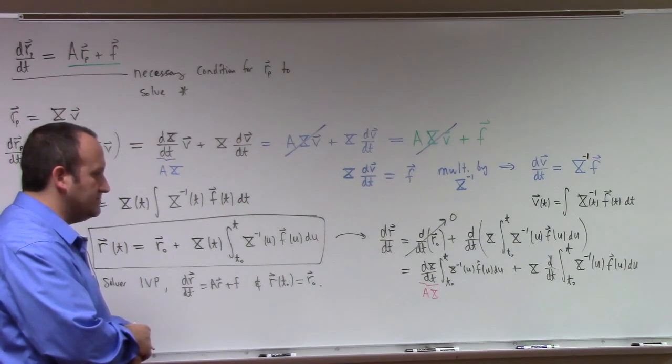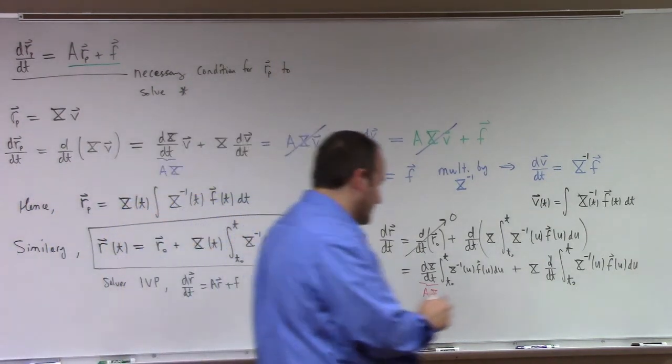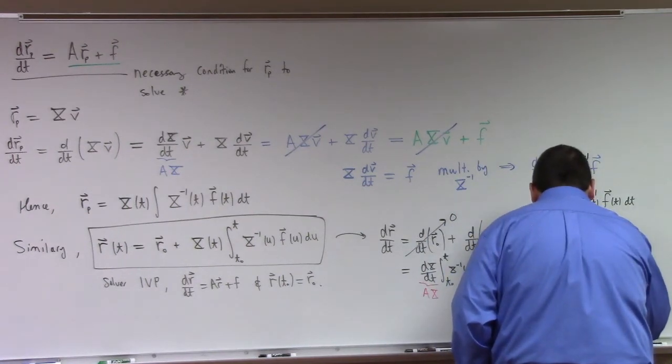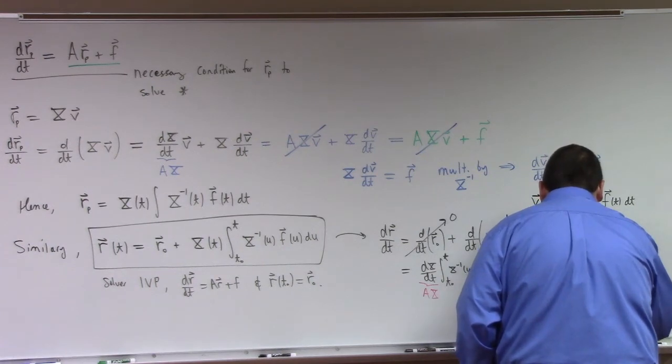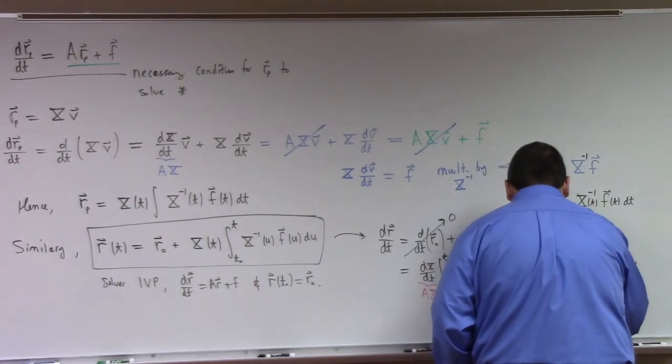We just plug in the bound. Fundamental theorem of calculus part 1, it's often called. So this gives us x inverse, not of u anymore, but of t, f of t, all times x of t.